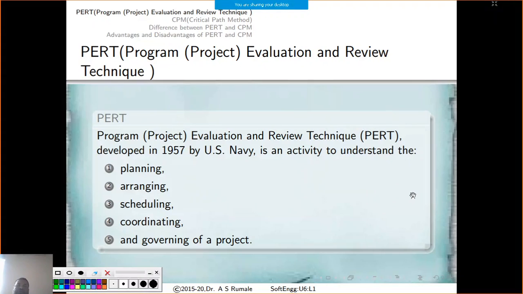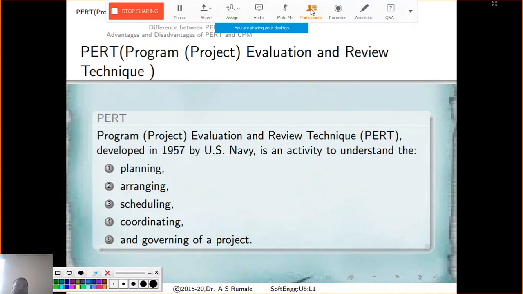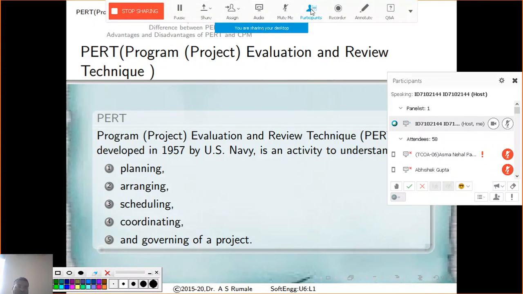If you are creating software, the first step is communication planning. Then you go for the design, which is nothing but arranging. Once design is done, you create the schedule for implementation, so scheduling is actually the implementation. Then you have coordination: while implementation is going on, you need to coordinate the integration of these things. And while all those operations go on, you need to govern the entire project, which is also very important.